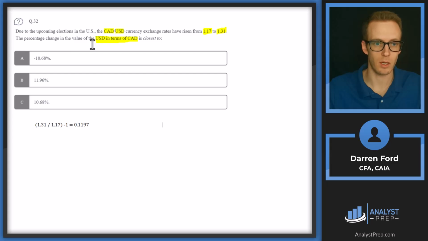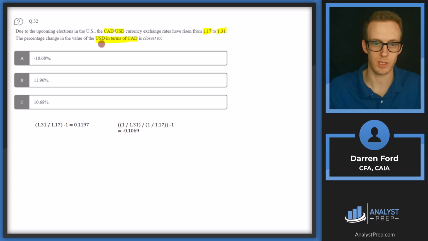And so the confusing thing here is that if you calculated this as Canadian relative to USD, here's what that would have looked like, and it would have gotten you to answer A. So if you did this in terms of Canadian, you would need to invert these spot rates. So you do 1 over 1.31 divided by 1 over 1.17 to flip this.